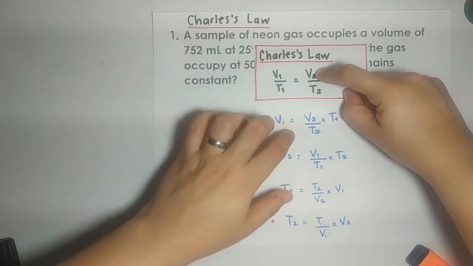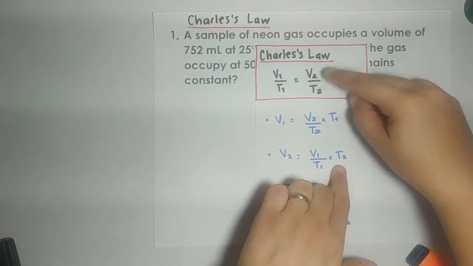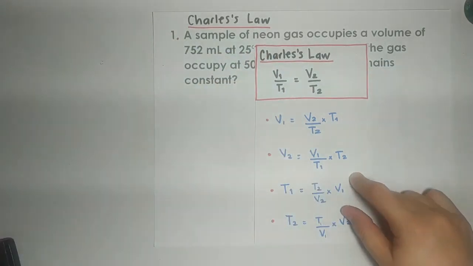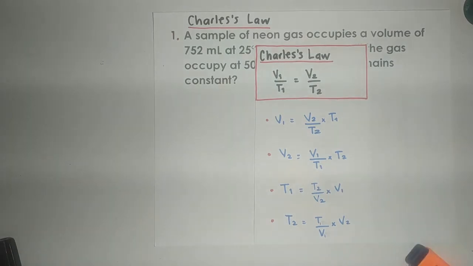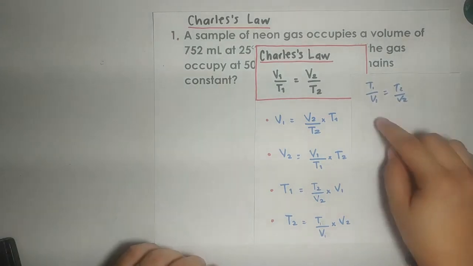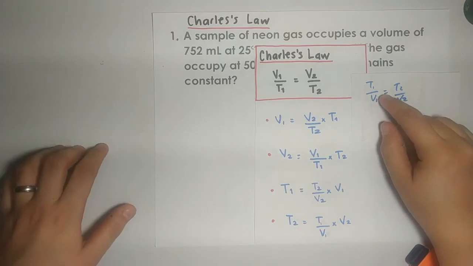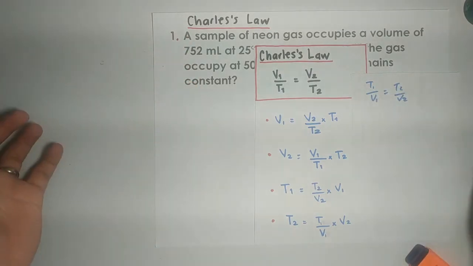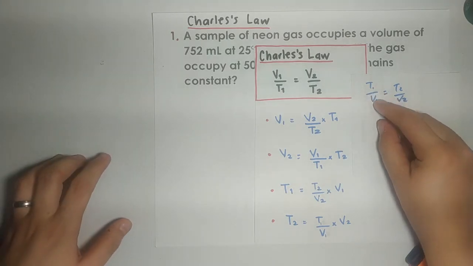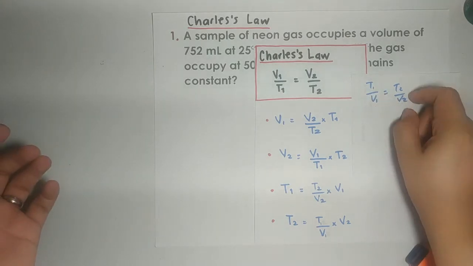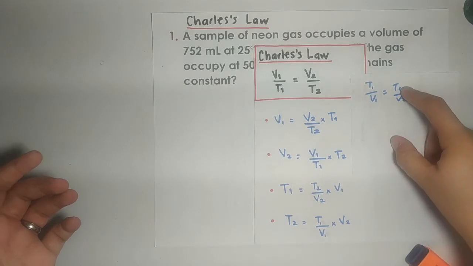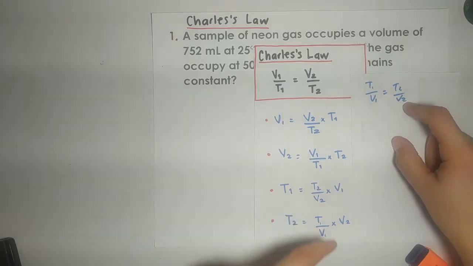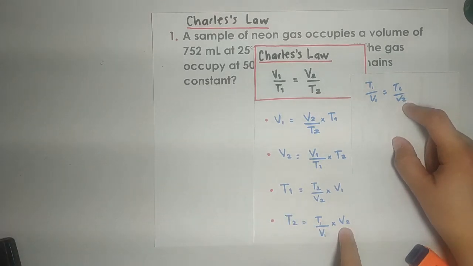For temperature 1 and temperature 2, I switched the main formula, and from here I can isolate easily. Volume is dividing, so it goes to the other side to multiply, just like we have here.